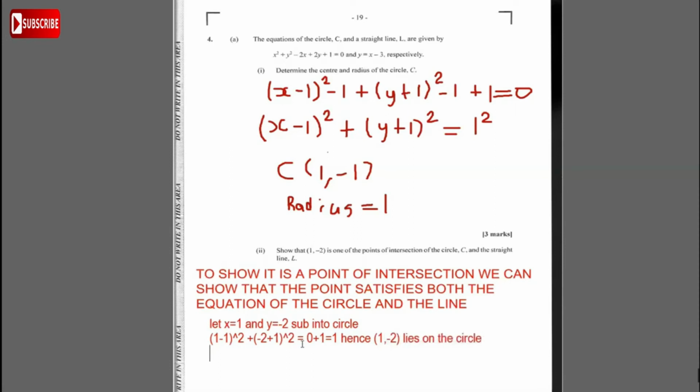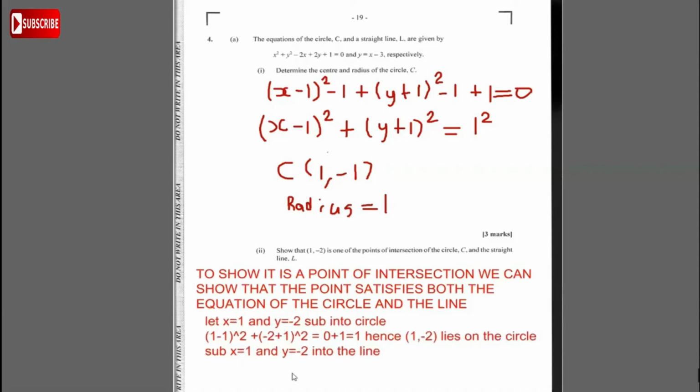Let's sub it into the line now. Sub x equal 1 and y equal -2 into the line. And so what we're going to get when we sub it into the line is -2 equal to 1 minus 3. Yes, that is correct. It is true.